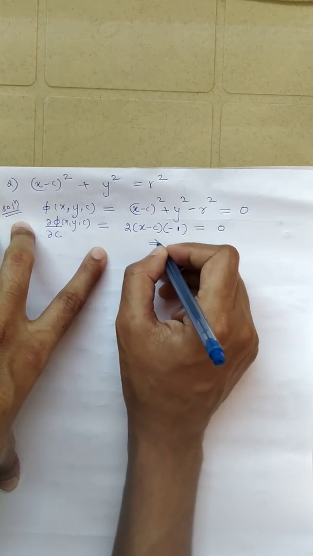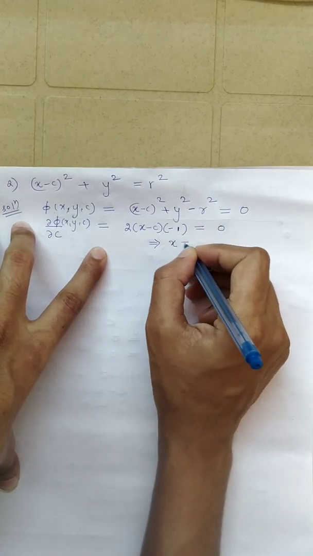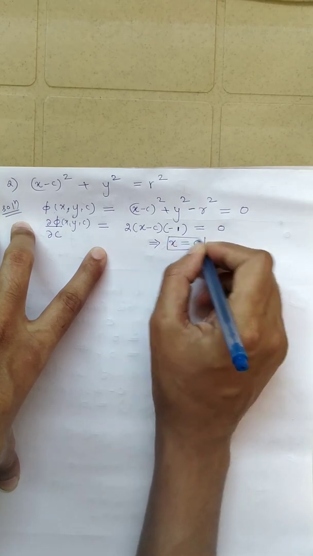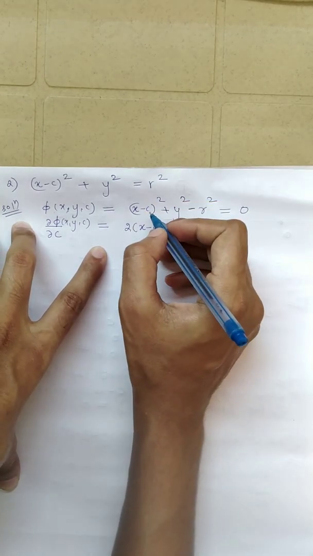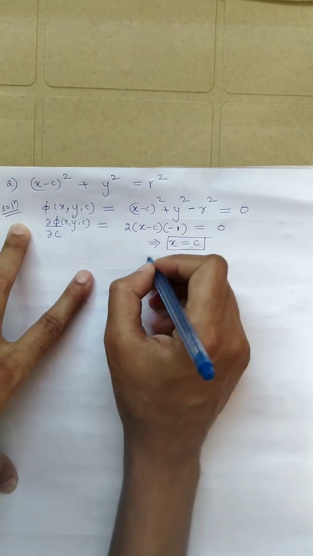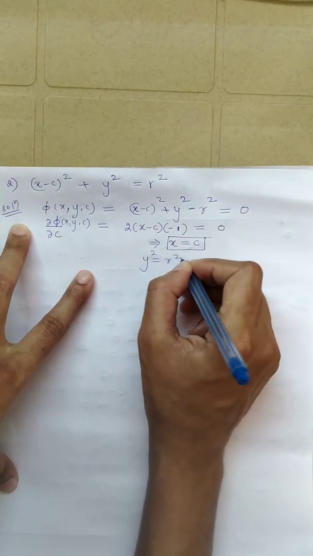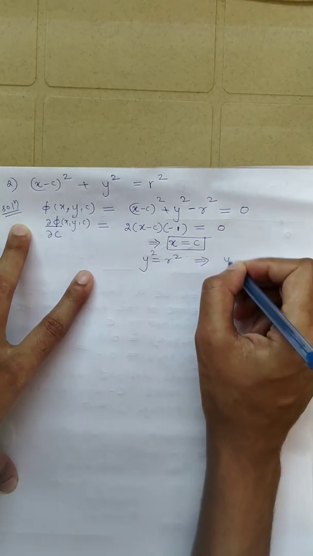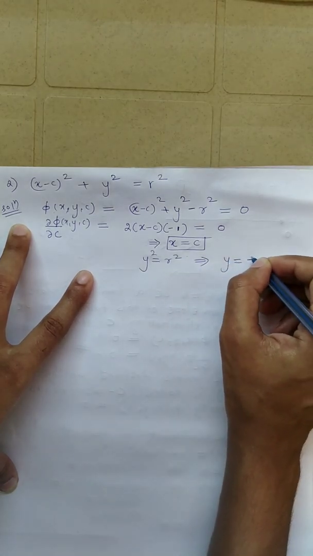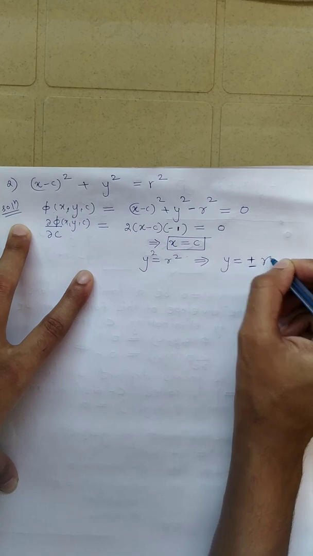So this will imply x is equal to c. When we substitute it here, we will get that y square equal to r square, that is y is equal to plus or minus r.